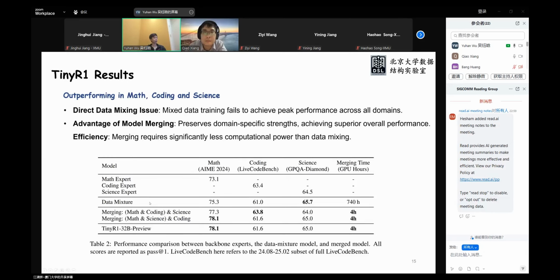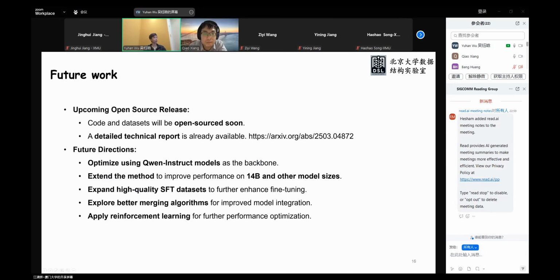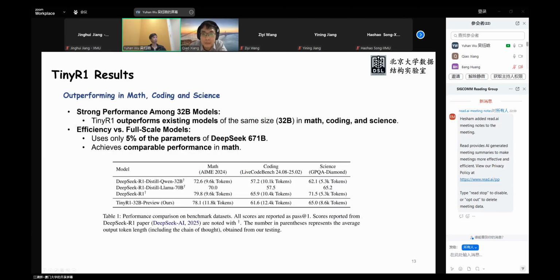You can see this table. Yes, it's 68. It's much higher than our released preview version, and 68 is very close to the full R1.